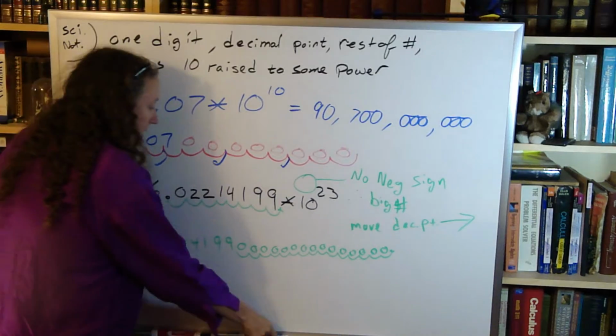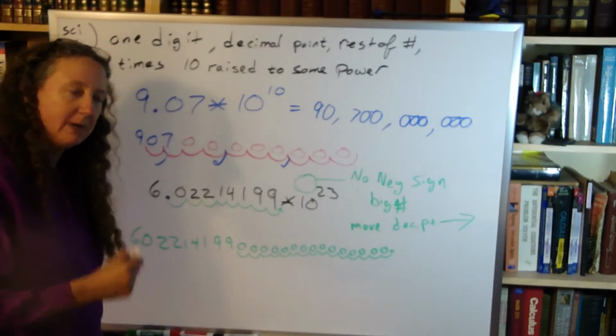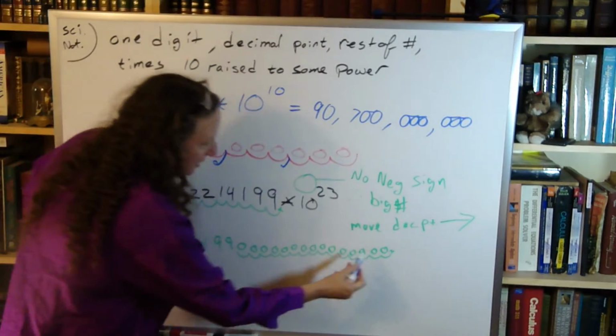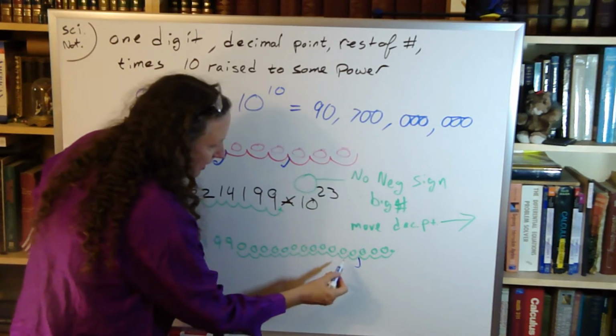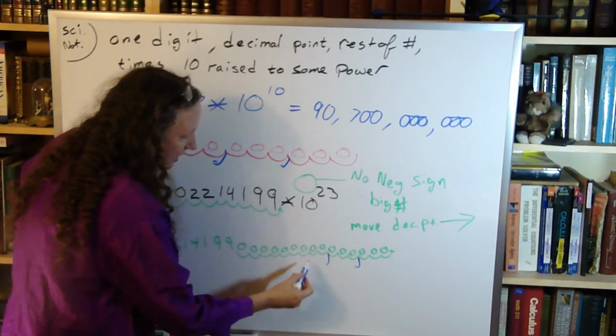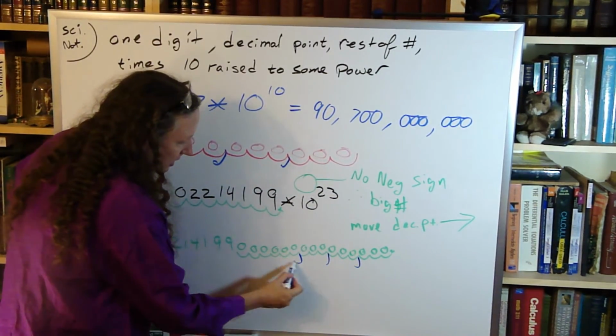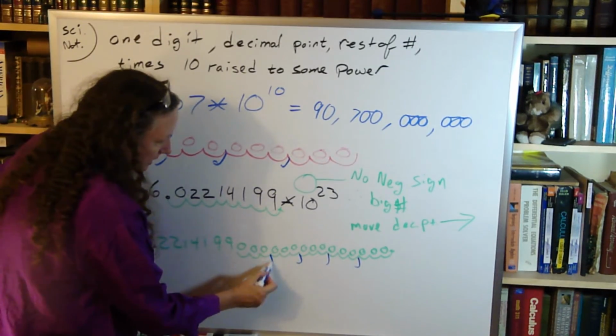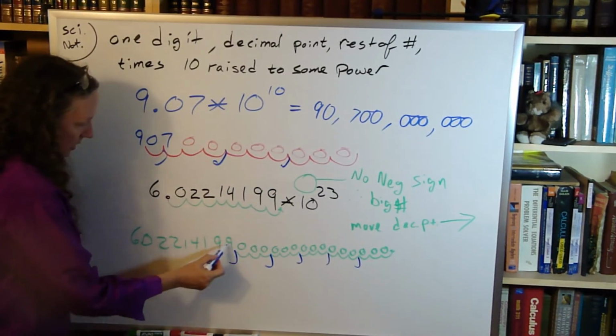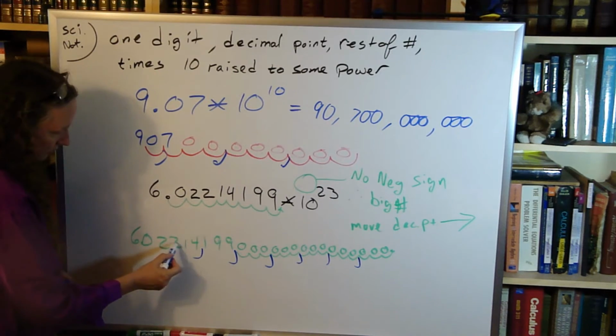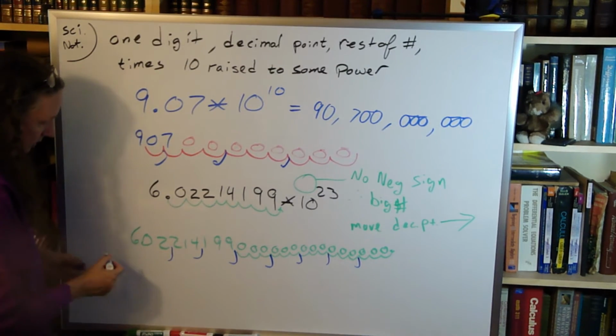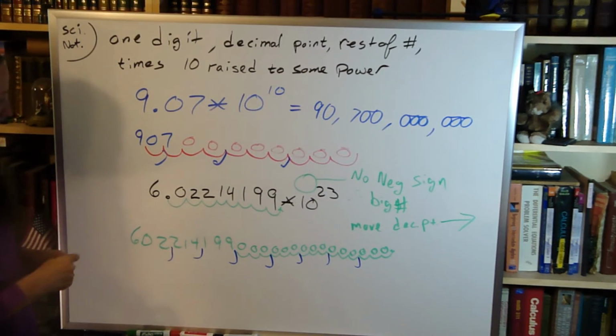And then I have to go back and I have to put my commas in. 1, 2, 3, comma, and so on, every three places, until the end of the number. Okay.